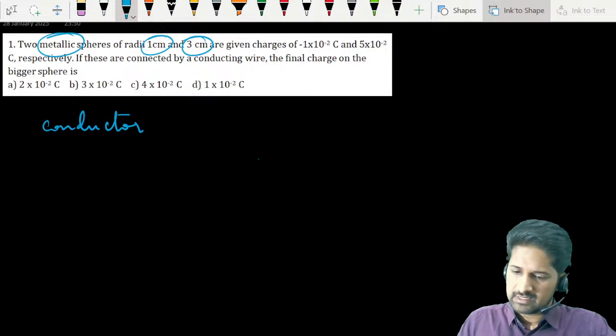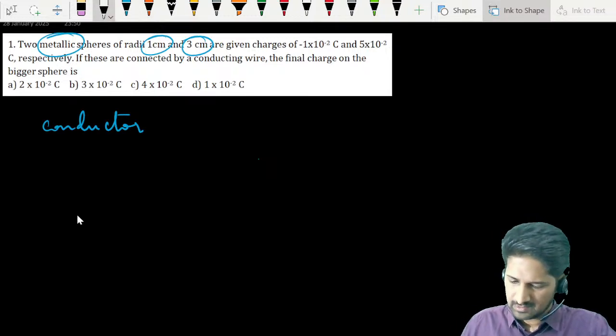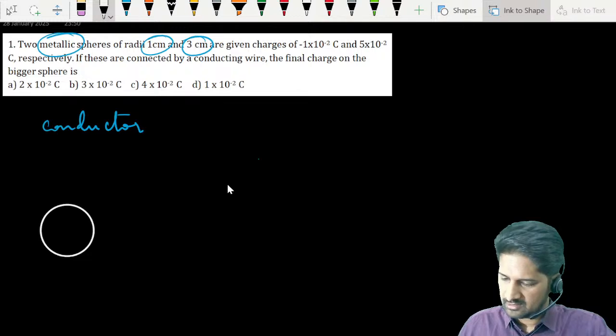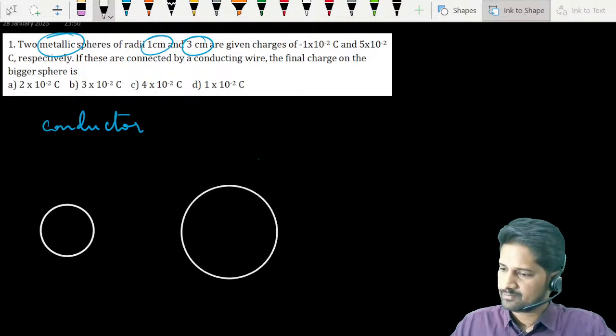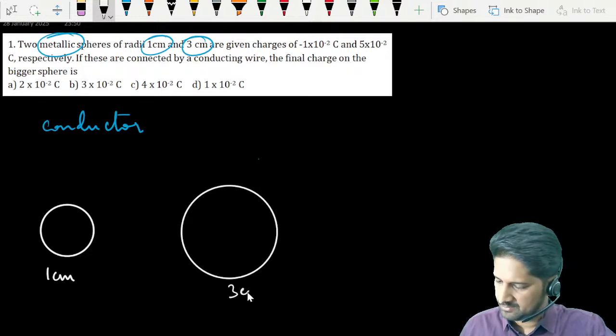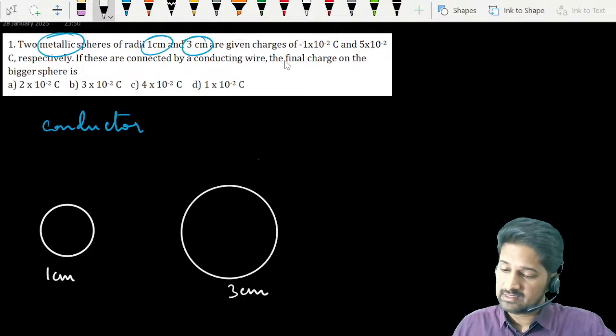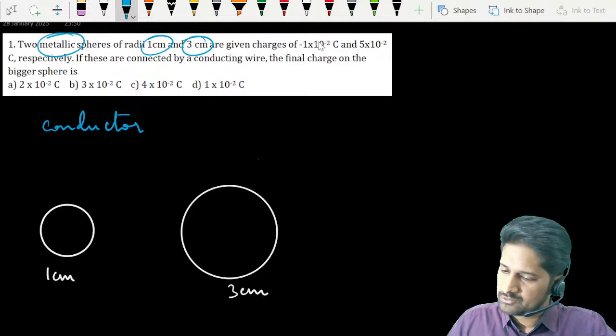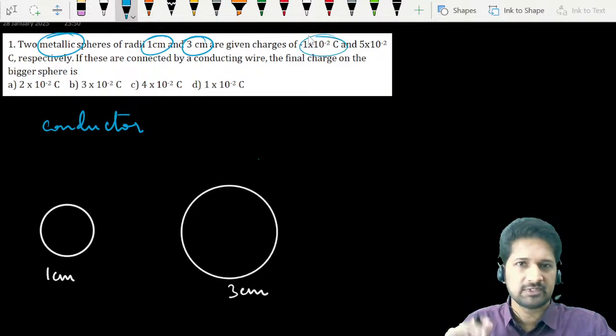Let's consider two spheres, a smaller sphere and a bigger one. The smaller sphere's radius is 1 centimeter, and the bigger sphere's radius is 3 centimeters. They are given charges of -1 into 10 power minus 2 coulombs, so one of them has a negative charge.